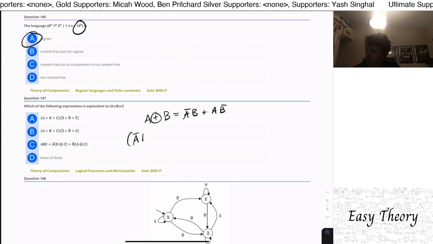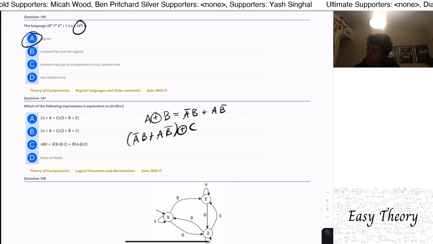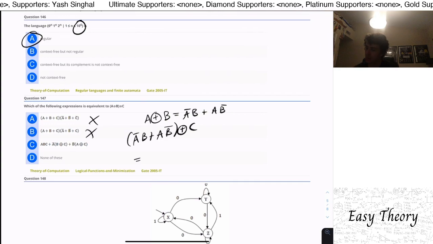So A bar B plus A B bar XOR C is the same thing as saying, okay, this is getting complicated. I know there's going to be an A times B times C here, and it's not going to factor, so it can't be these two. I mean, we could make a truth table, but this is not something that I know about much.